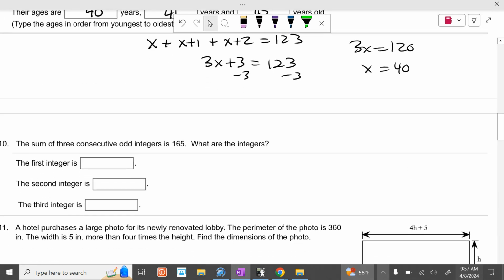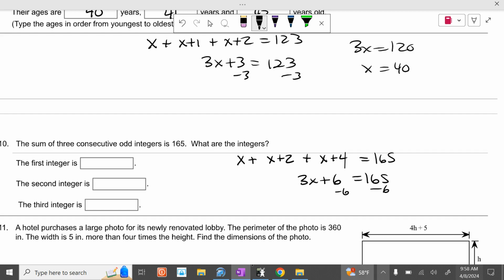Three consecutive odd integers sum to 165. So if I have an odd number, to get to the next odd number, I have to add 2. To get to the next odd number after that, I have to add 4. Because like if this is 71, this would be 73, and this would be 75, and so on. Equals 165. So 3x plus 6 equals 165.